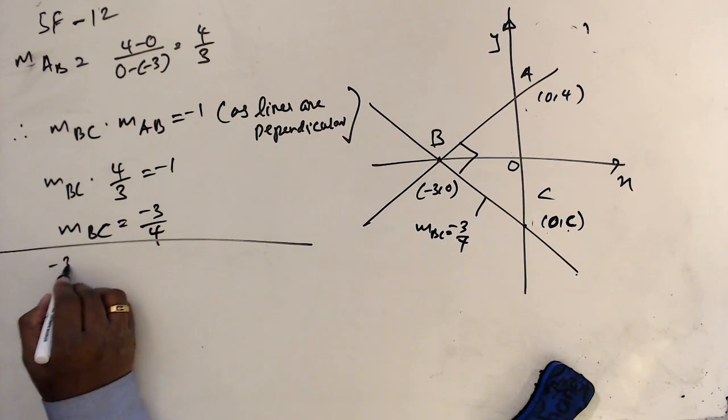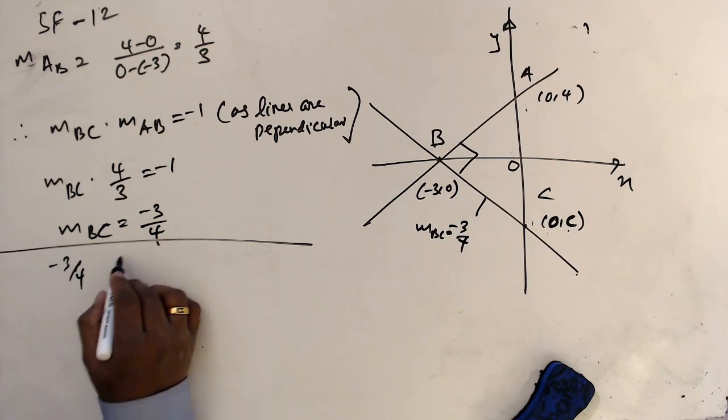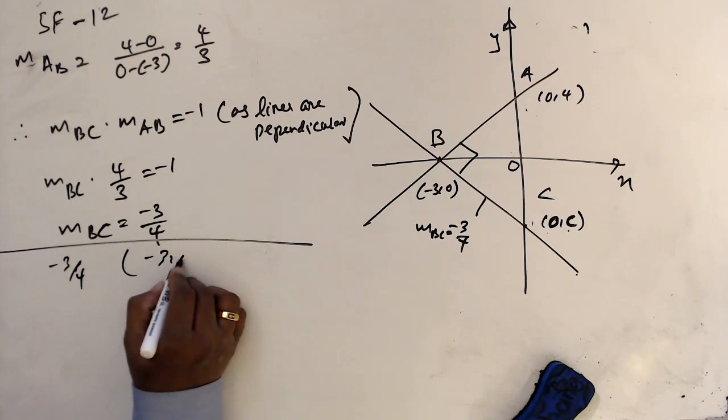Now we have a gradient and we have a point, minus 3, 0.